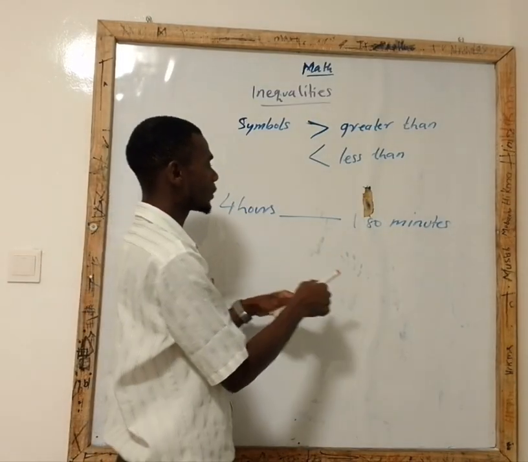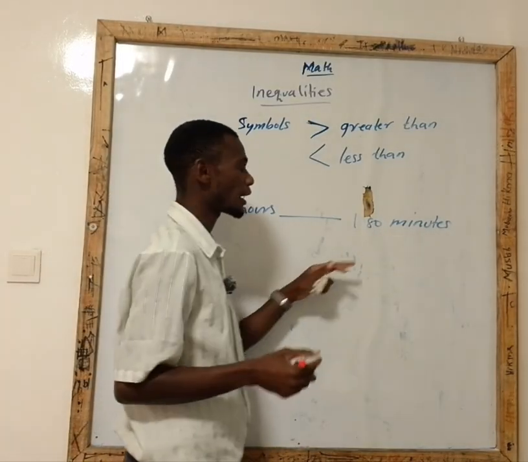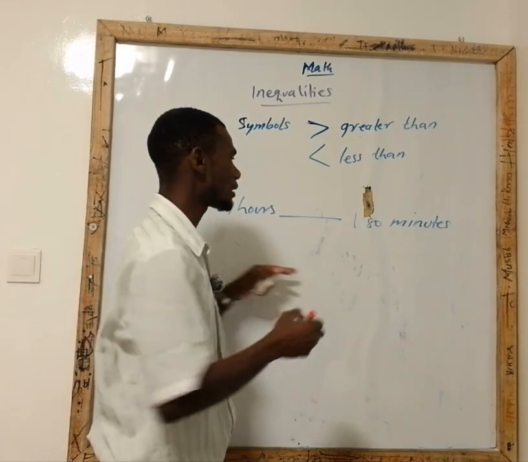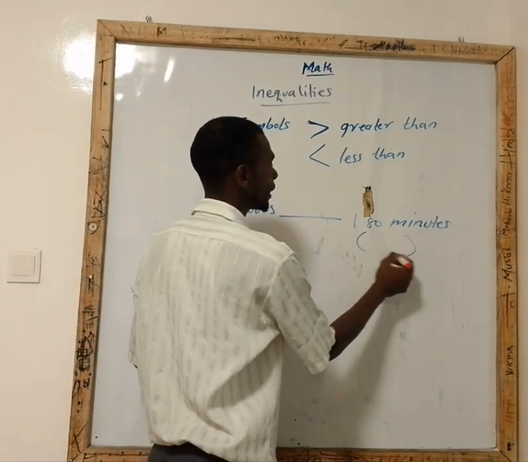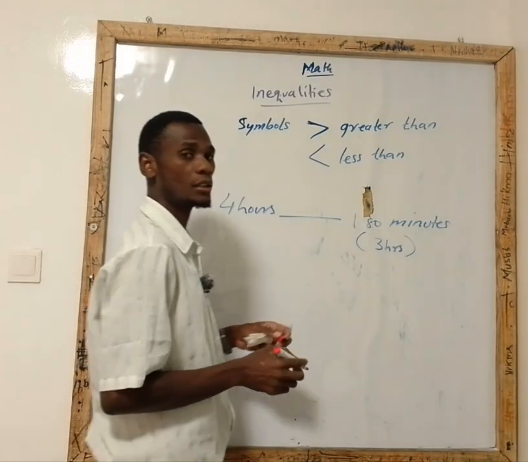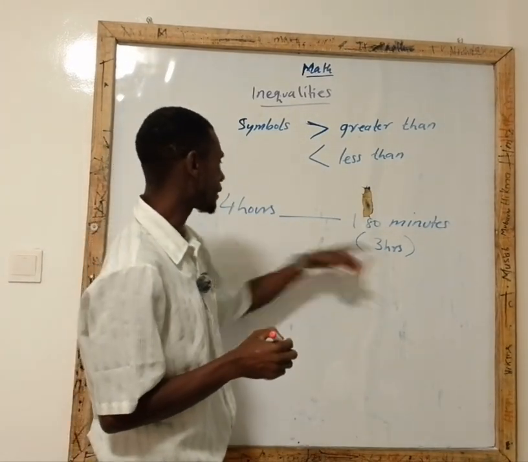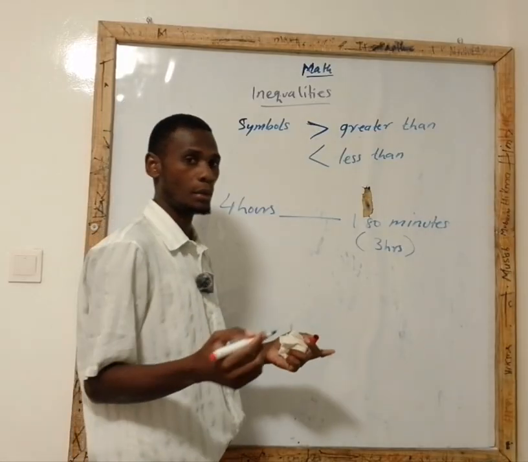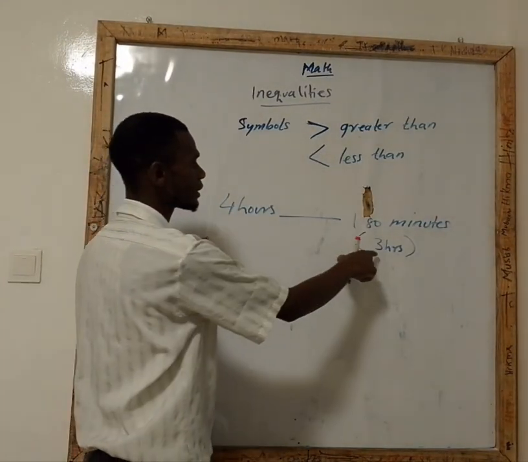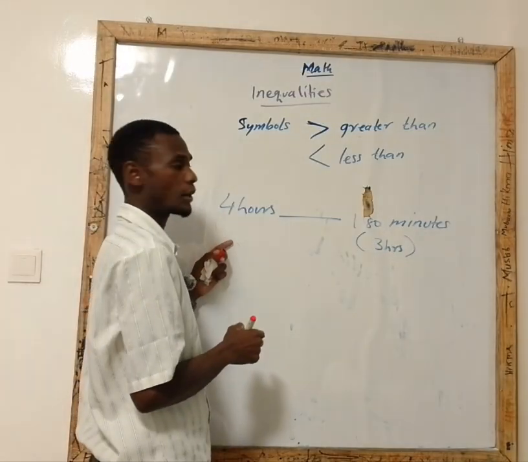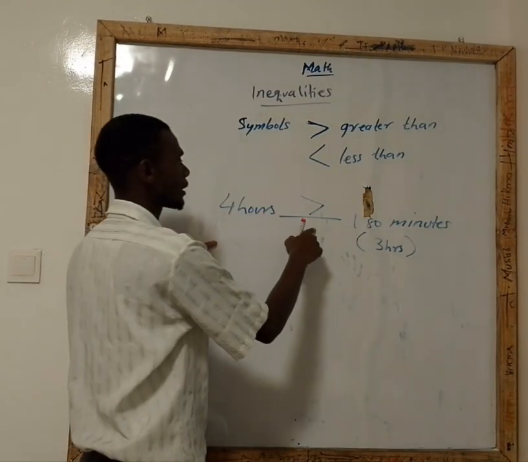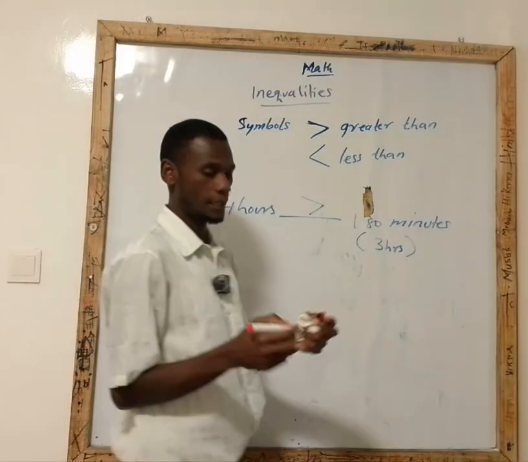If we change these 180 minutes into hours, you will get 3 hours. So we have hours and hours, and we can compare because they are the same unit. And of course, 4 hours is greater than 3 hours. So we will use this symbol: 4 hours is greater than 180 minutes.